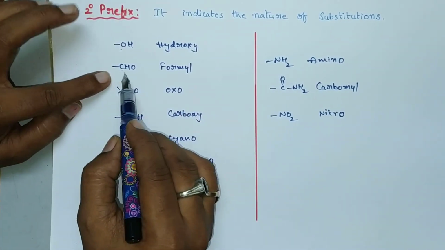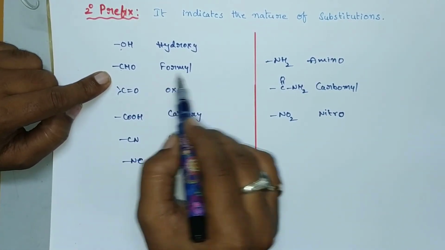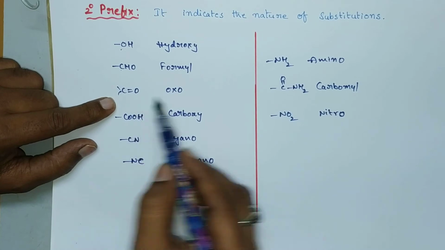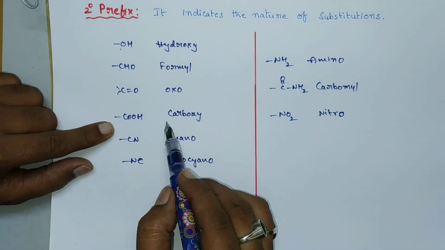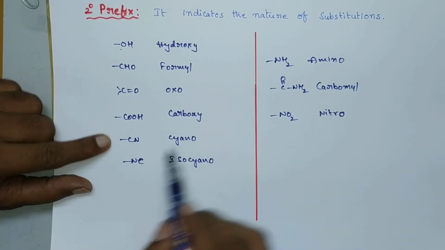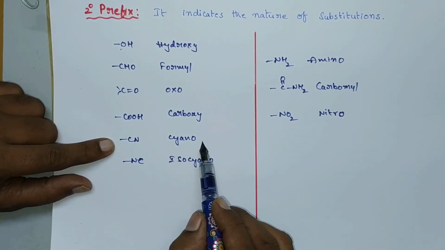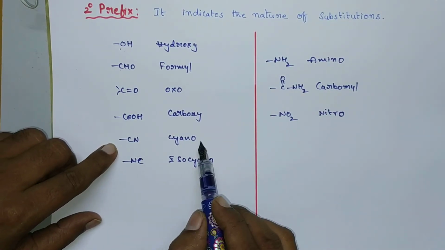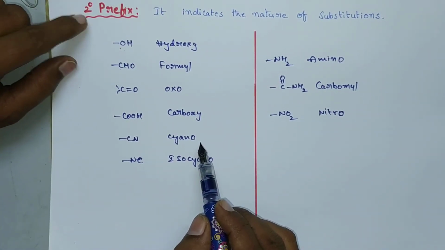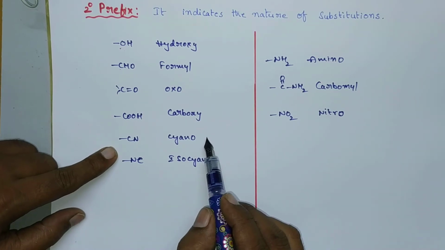If CHO is present as a substitution, we call it formyl. CO can be called oxo. COOH, we call carboxy. CN, cyano. If CN is present as a functional group, we call it nitrile, but if it is present as a prefix, we call it cyano.